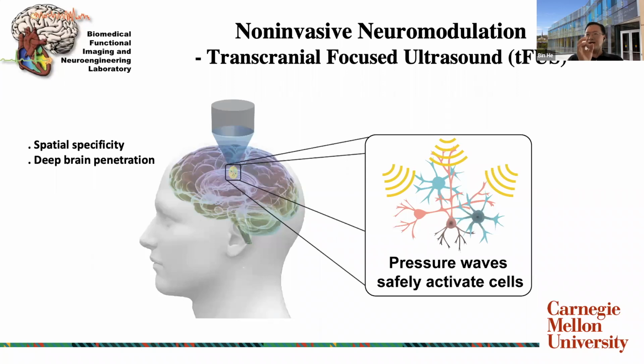That is because the field is going to be diffused. It doesn't matter how you develop your instrumentation system. Actually, I was always amazed by colleagues working on electrical or magnetic neuromodulation. They are very clever and doing great work, but there is a limitation, a fundamental physics, limiting the spatial specificity of any electromagnetic-based neuromodulation technique.